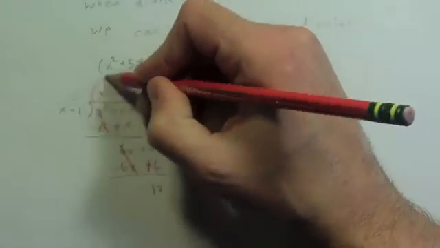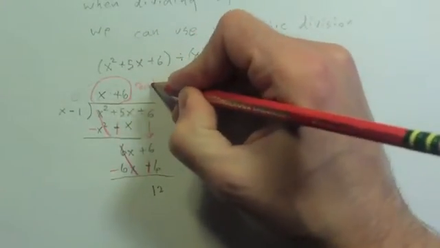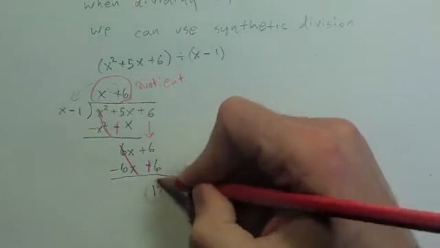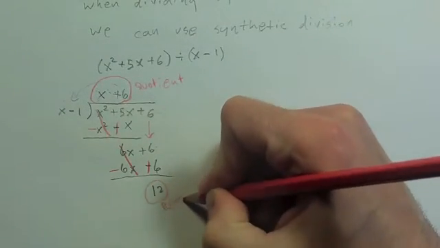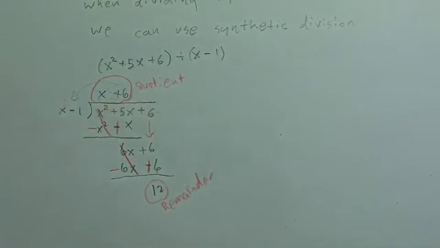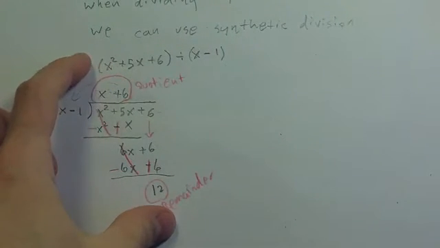So my quotient is x plus 6, and my remainder is 12.